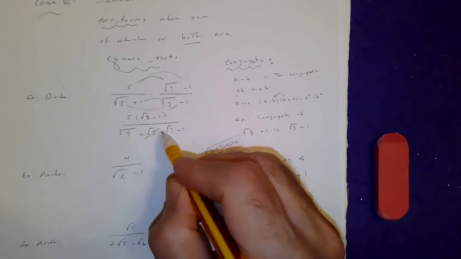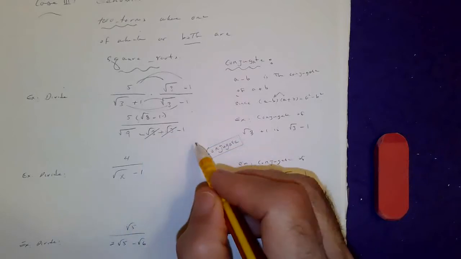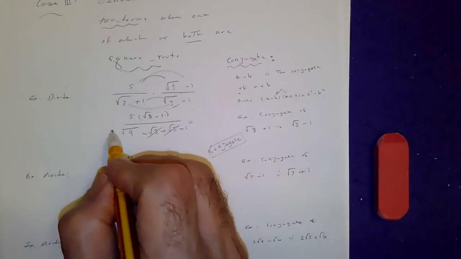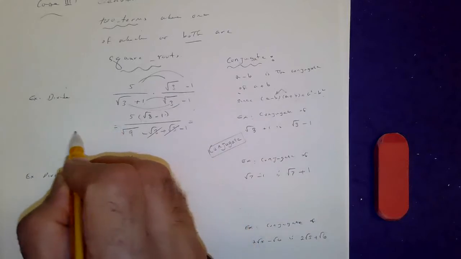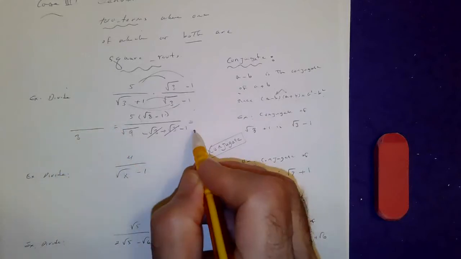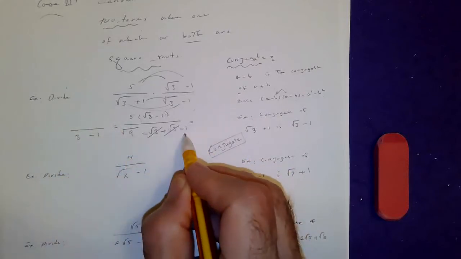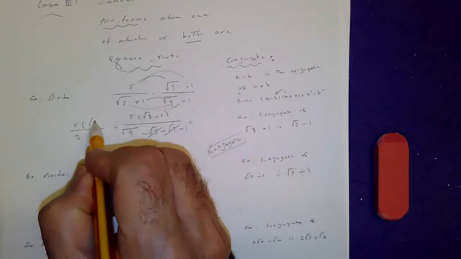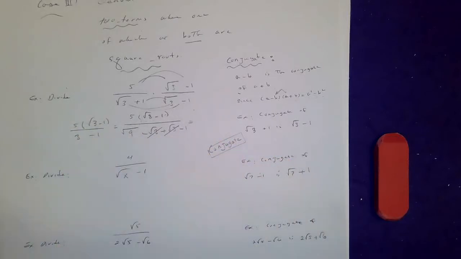These guys always cancel, and you should have no radical in the denominator. The square root of 9, you and I both know is 3. Don't forget you got a negative 1 here. So that's 5 times the square root of 3 minus 1.